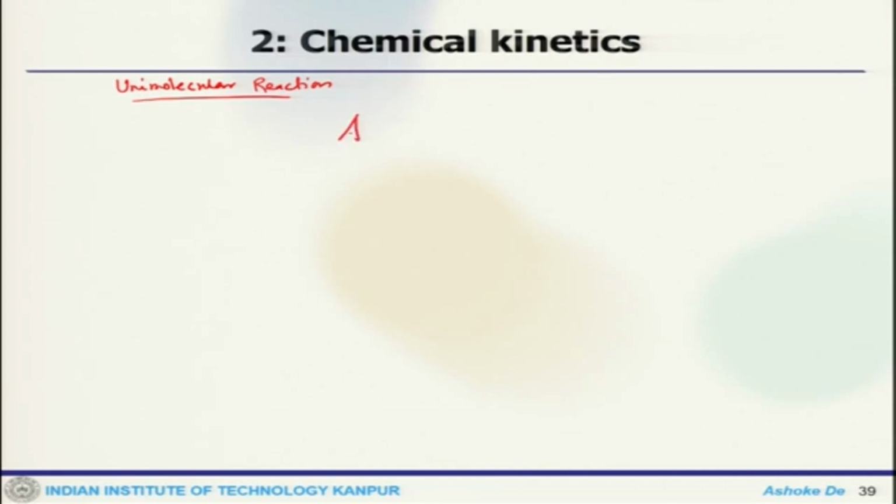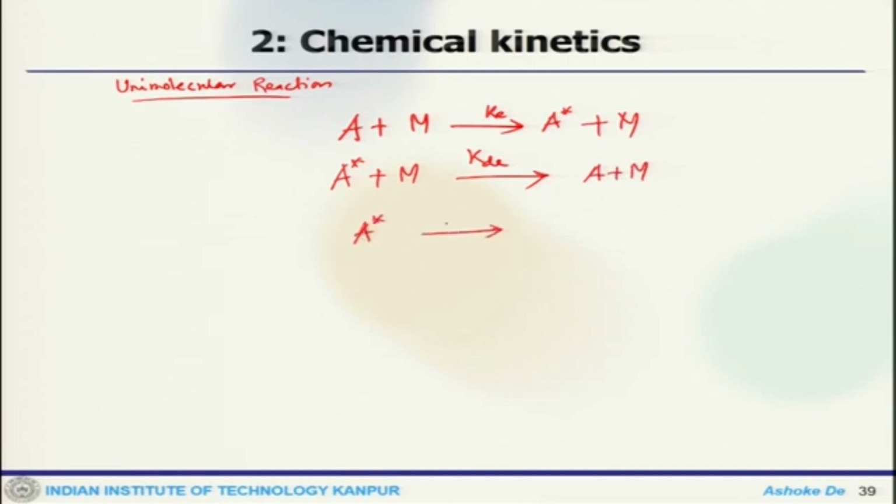For example, A plus M goes to A star plus M, then you take A star plus M, which goes to A plus M, and then finally A star goes with K unimolecular to products. So, essentially these are your 2.48 a to c.